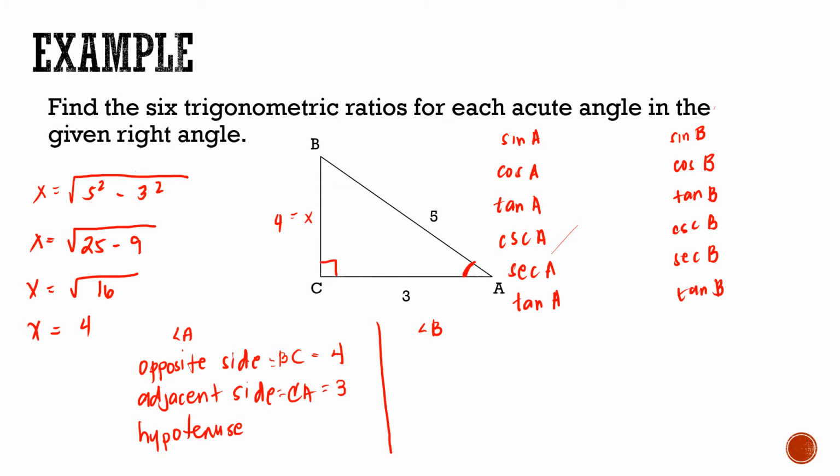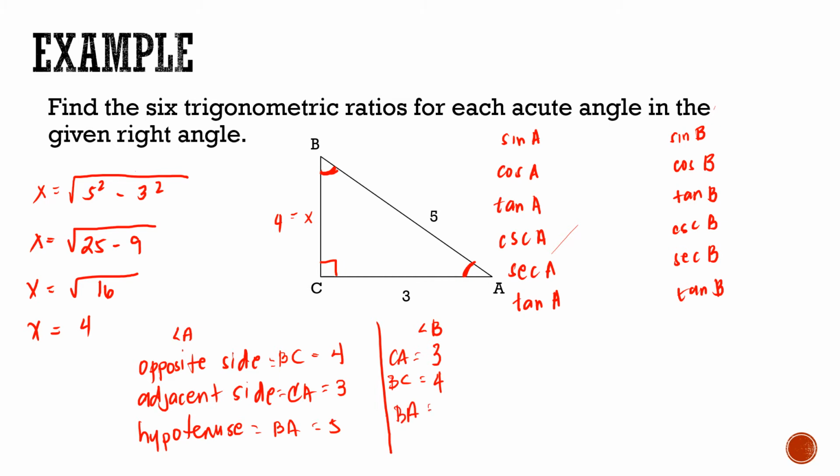And obviously, the side opposite the right angle will be my hypotenuse, which is side BA, which measures 5. If my reference angle is angle B, the opposite will become CA, which measures 3. Then BC will be my adjacent side, and again, hypotenuse will be my BA.